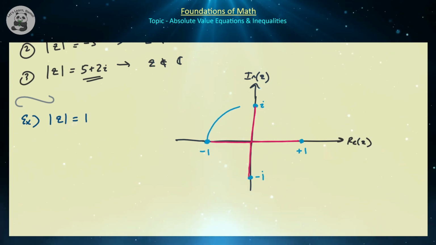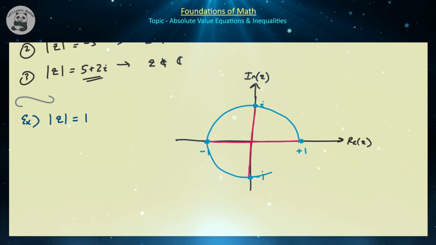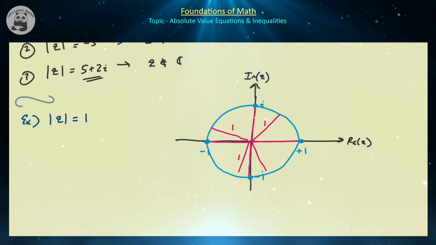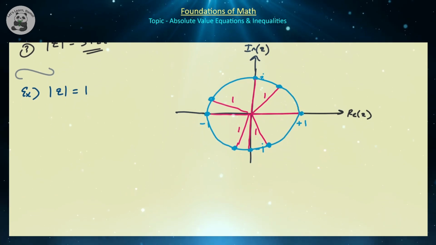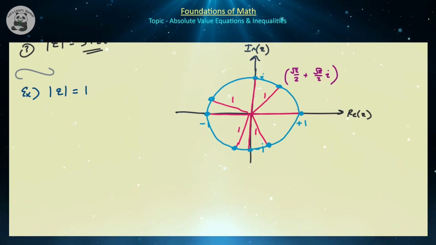In particular, if you take any point on this circle of radius 1, as long as this distance is 1, all of these points are going to have an absolute value of 1, right? So for example, if we take the point square root of 2 over 2 plus the square root of 2 over 2i, and we take the absolute value of this, what will we get?